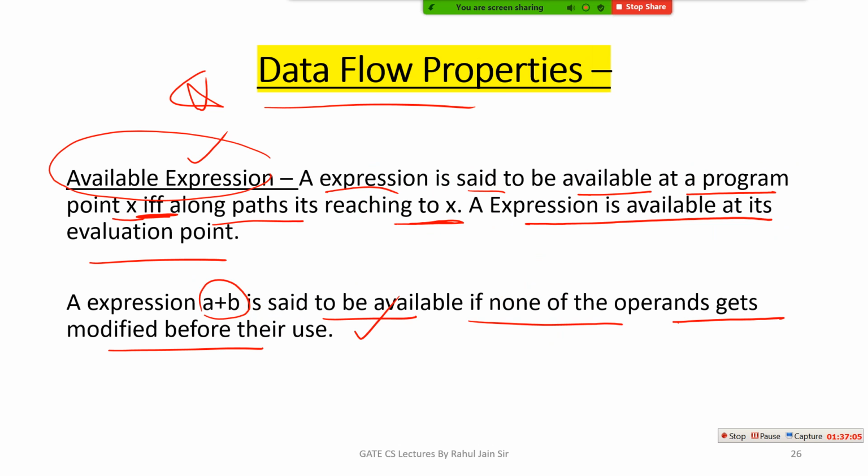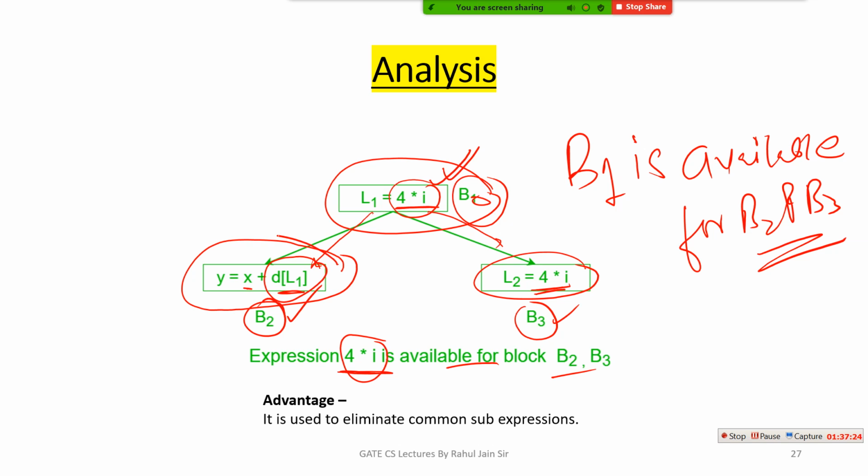What is an available expression, guys? An available expression is an expression said to be available at a program point x if and only if along the paths reaching x, the expression is available at its evaluation point. That means at B2 it is available, at B3 it is available. So we say expression 4 into I is available for blocks B2 and B3.